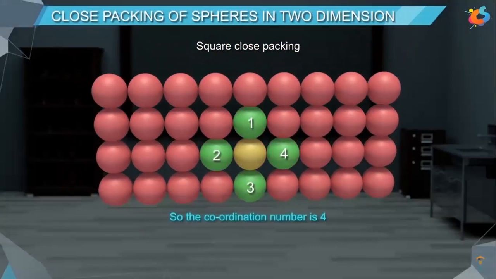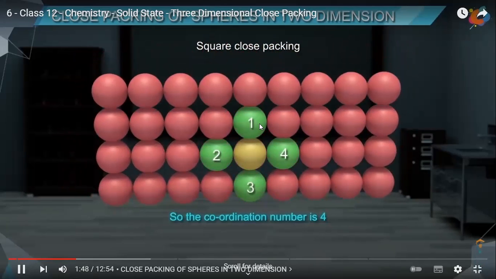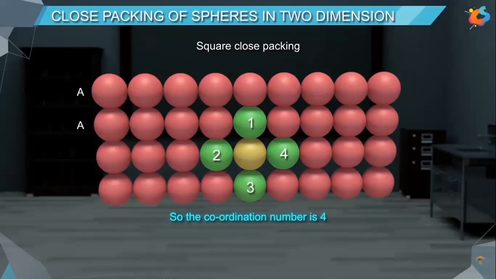So, the coordination number is 4. If we call the first row as A-type row, the second row being exactly the same as the first row is also called A-type. If we keep on placing such similar rows one above the other, then such an arrangement is known as AAA type of arrangement or square packing.